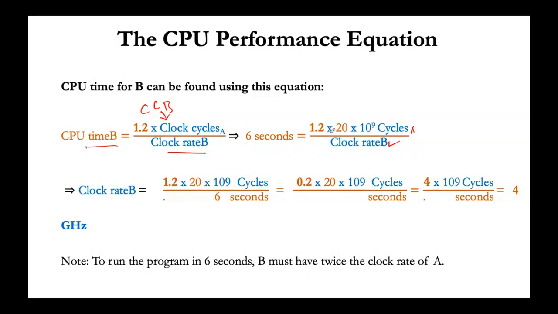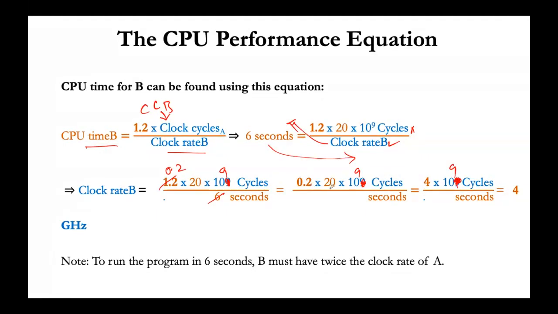1.2 into 20 into 10 to the power of 9 cycles divided by 6 seconds, since the 6 goes to this side. So 0.6 ones are 6, 0.2 twos are 12. So we get 0.2 into 20 into 10 to the power of 9 cycles, which is equal to 4 into 10 to the power of 9 cycles.